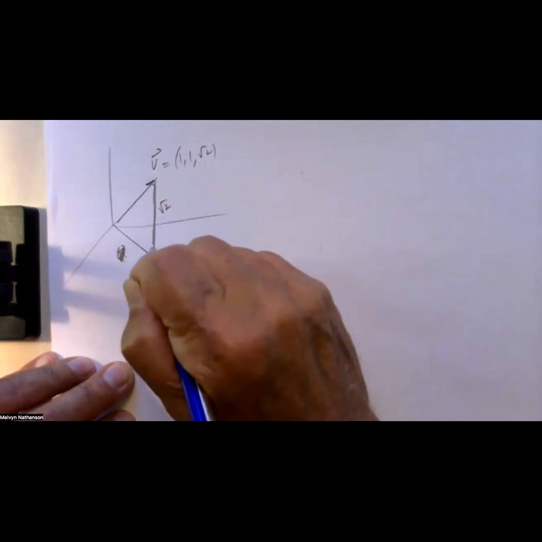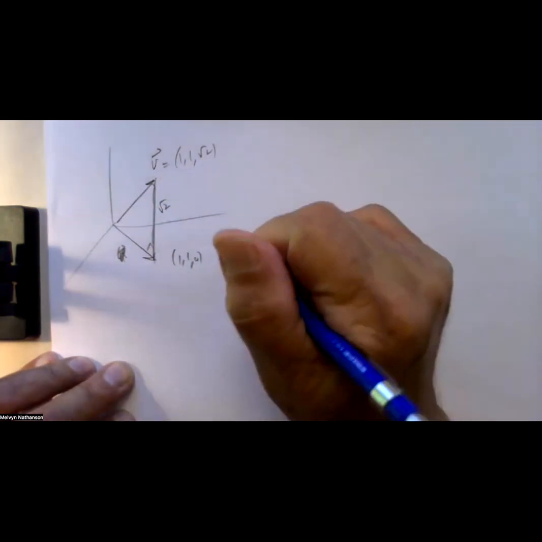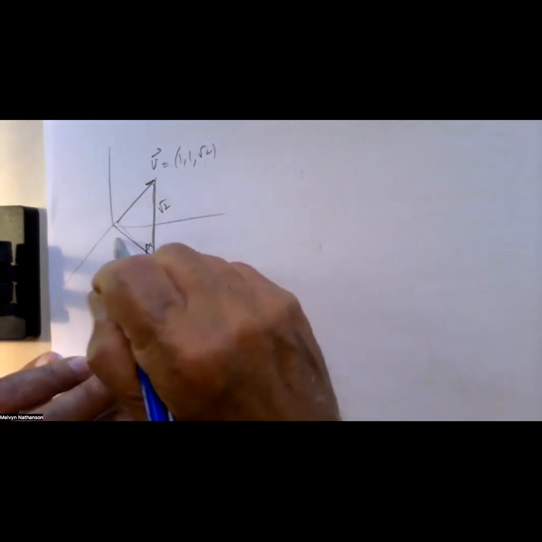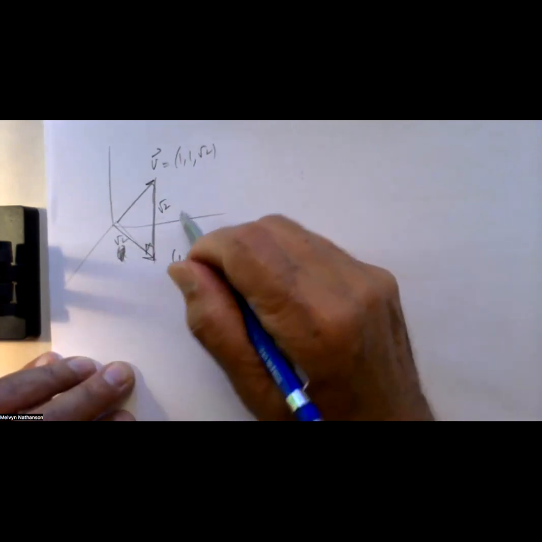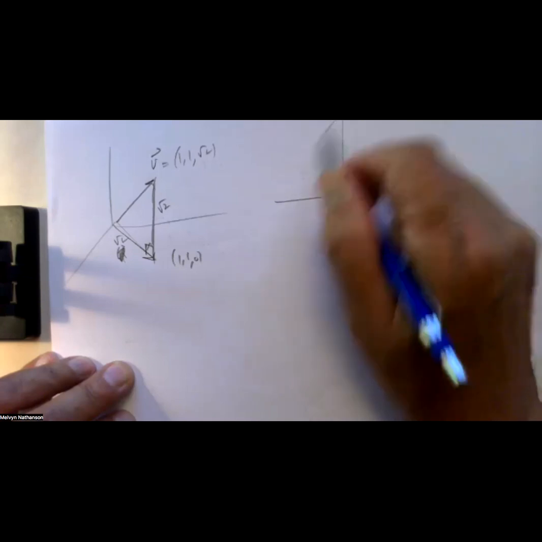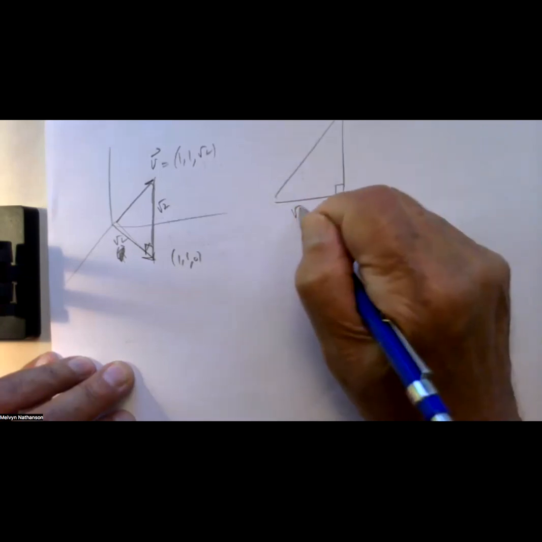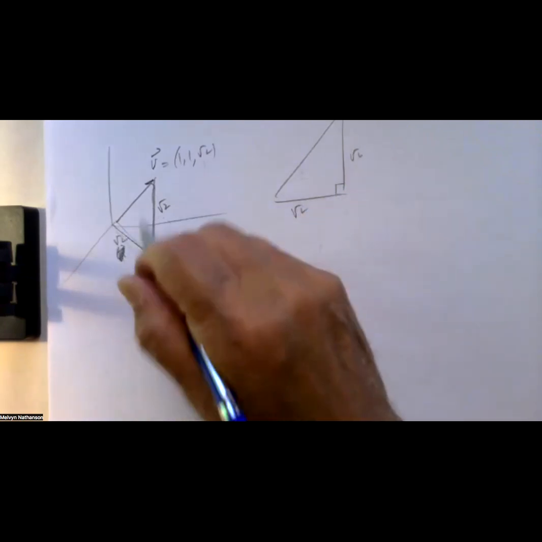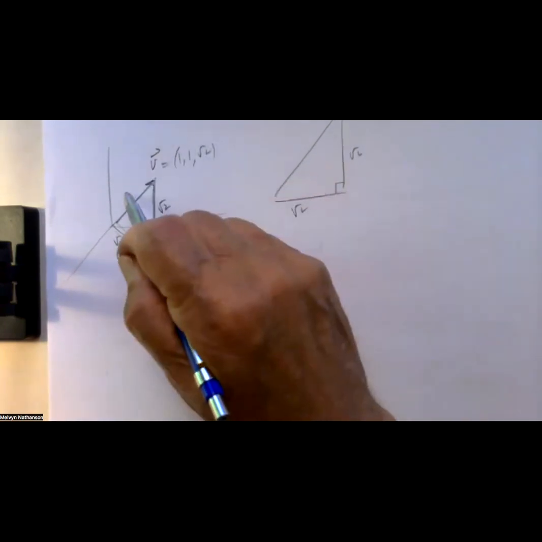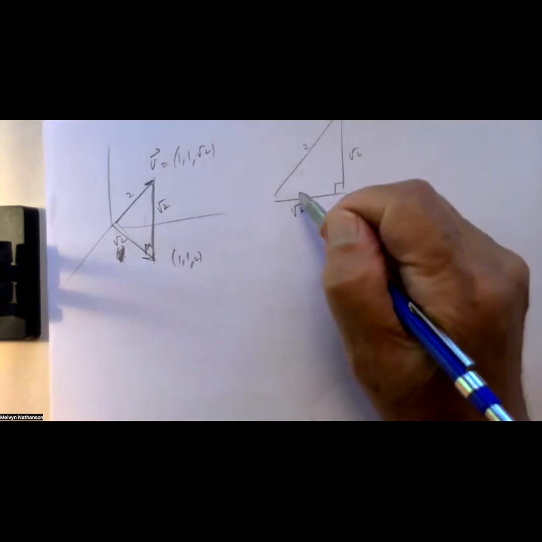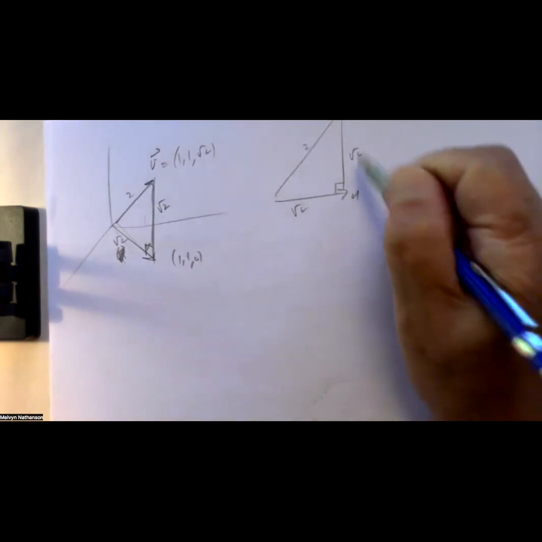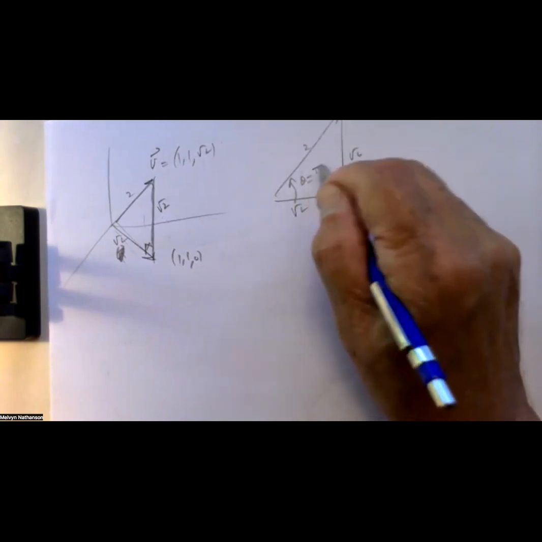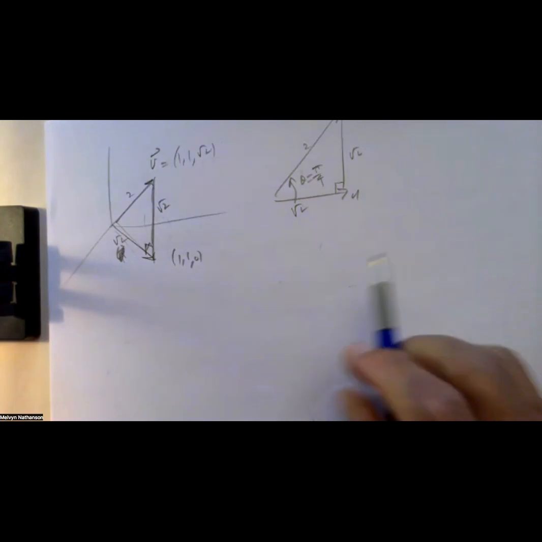This height is the square root of 2, and this length is the square root of 2. So what we really have is a right triangle, root 2, root 2, which is isosceles, and this distance we saw is 2. So this is u, this is v, and my angle theta is pi over 4.